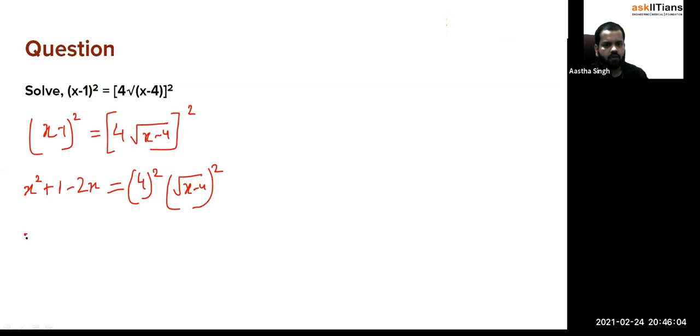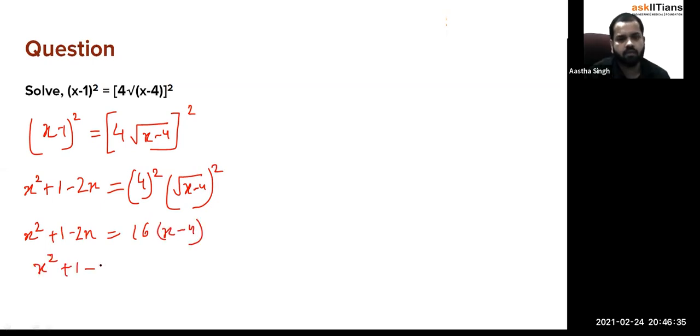So it becomes x square plus 1 minus 2x is equal to 4 square will be 16, and under root of x minus 4 we have already told, then it will become your x minus 4, right? X square plus 1 minus 2x will be equal to 16x minus 16 into 4 will be equal to 64 or not? I think you all have got the point.